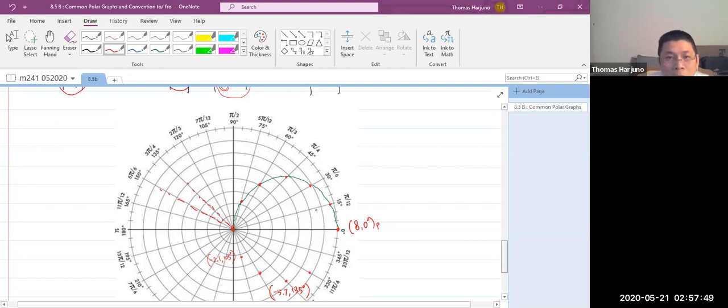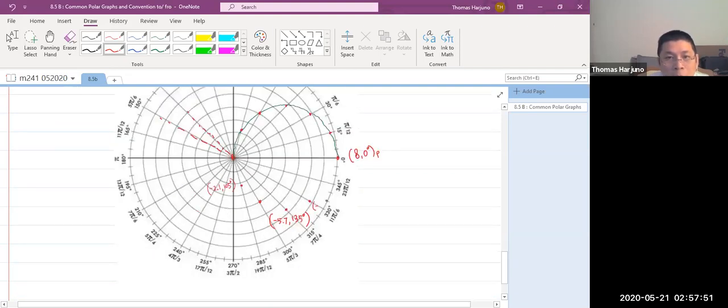This is negative 6.9, 150 degrees. So it seems like it is located at 330 degrees, but that's because 150 degrees shooting backward.